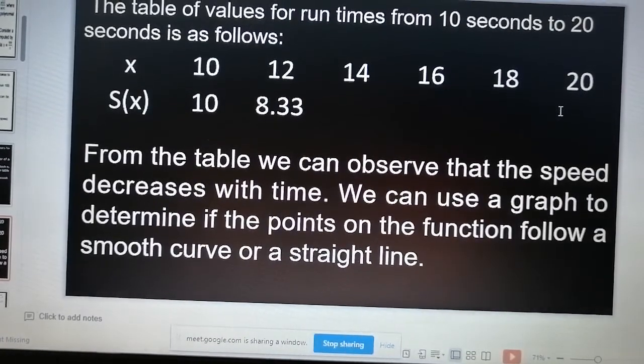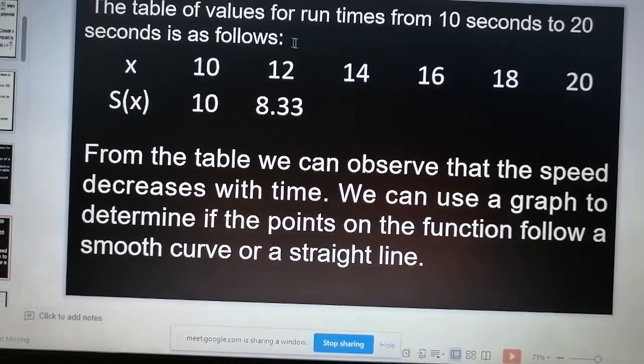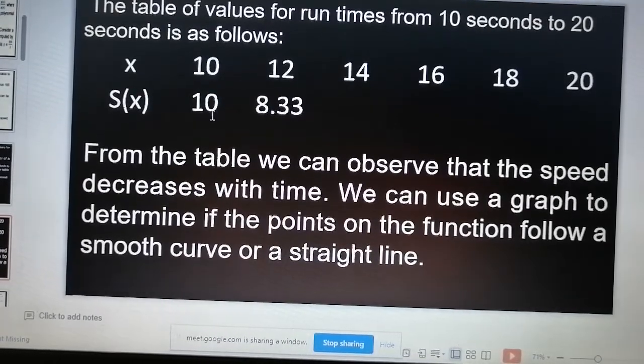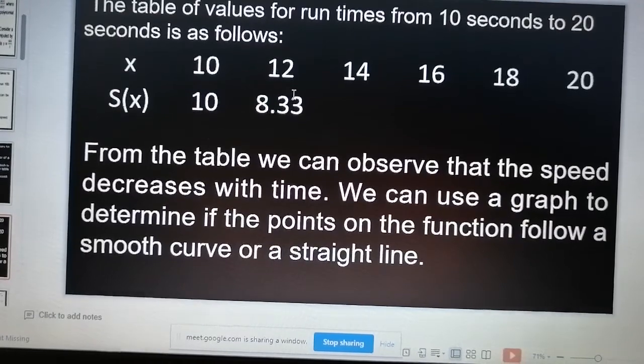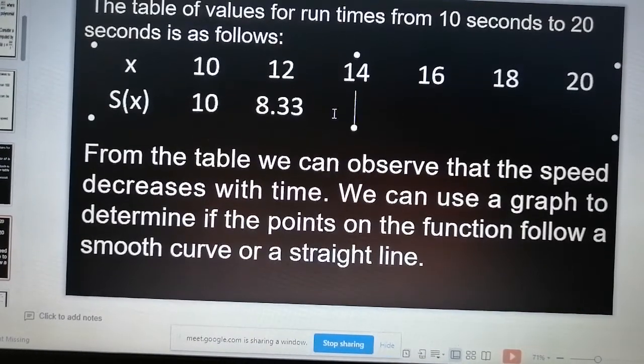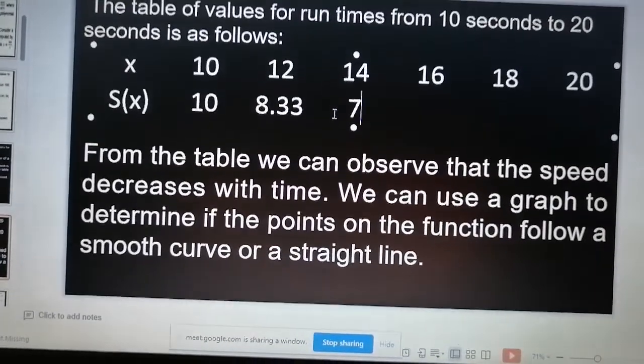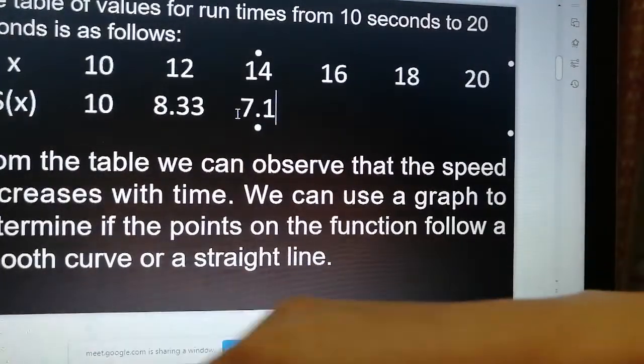Okay? The given is 100 divided by 10. 100 divided by 10, yan, velocity niya ay 10. How about 100 divided by 12? Okay, next tayo. Sunod sa 14, 16, 18, at saka 20. Okay, 7.14.